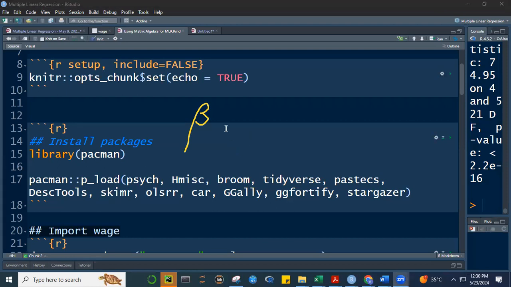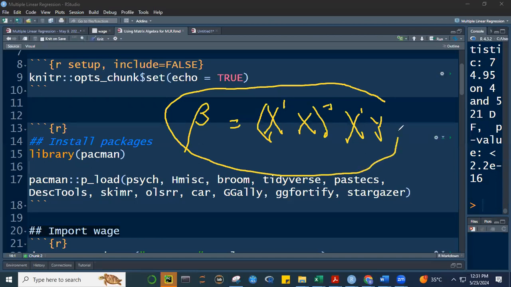It can be shown, class, that the coefficients are equal to X transpose times X, inverse, times X transpose times Y. We're going to look at this equation next meeting. This is a very, very famous equation in linear algebra.